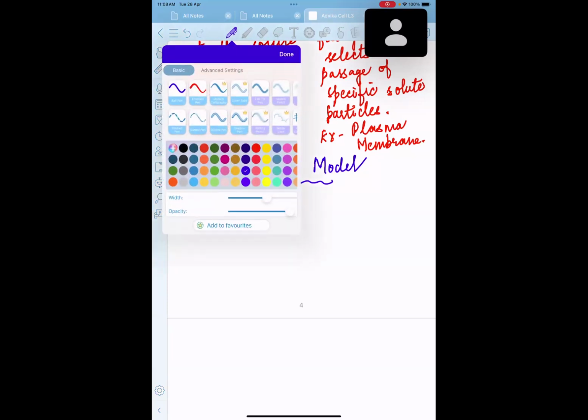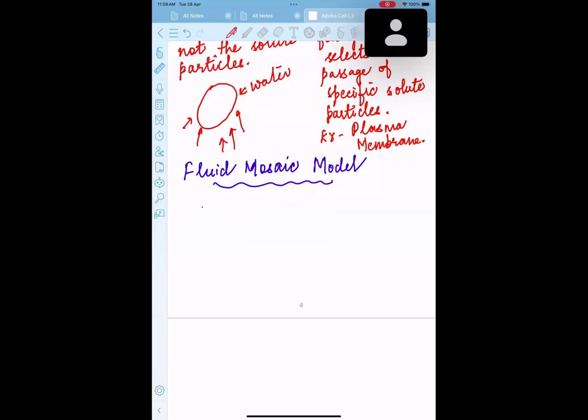Now I'll just draw the picture of it. It will be like this. Outside there will be circles like this, and they will have tails coming out. These are called the tails.